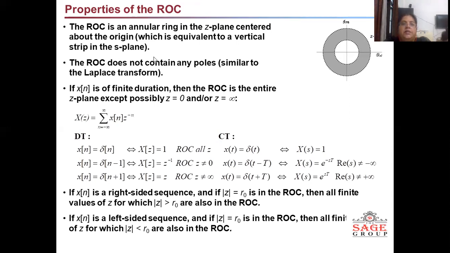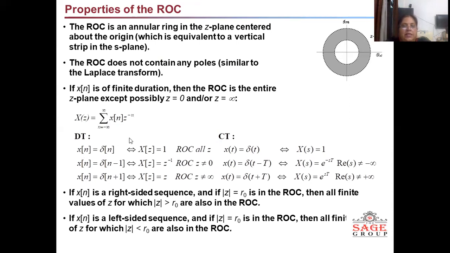The ROC does not contain any poles, similar to the Laplace transform. If x[n] is of finite duration, then the ROC is the entire Z plane except possibly z equals 0 or z equals infinity.